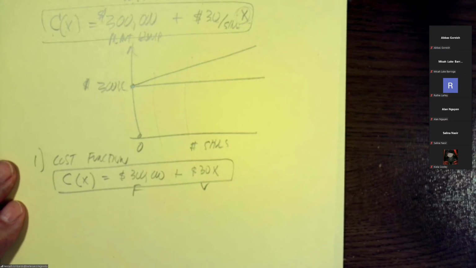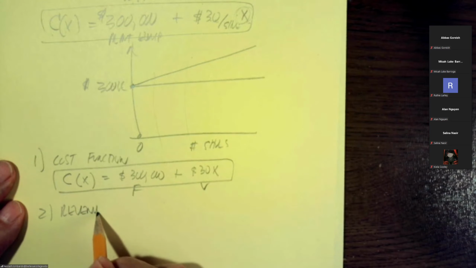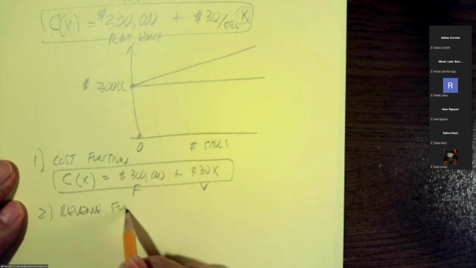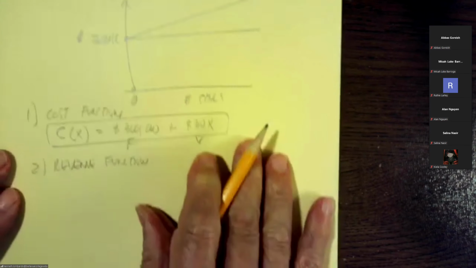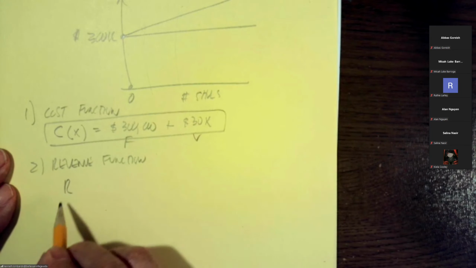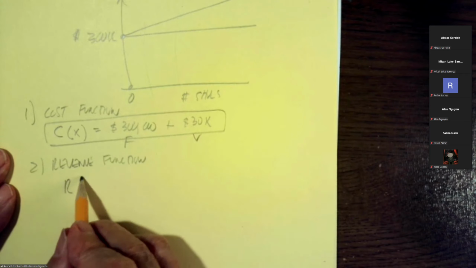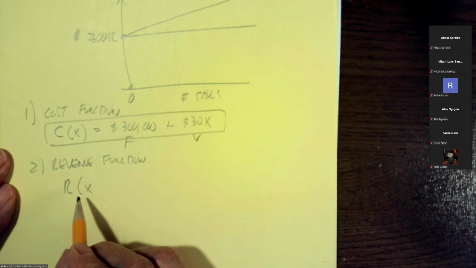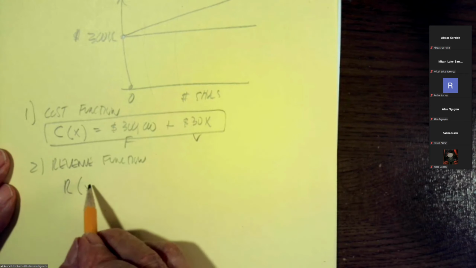Okay. Now you might be able to say, how about a revenue function? Where revenue has to do with, let's say here's R for revenue as a function of the number of shoes sold.